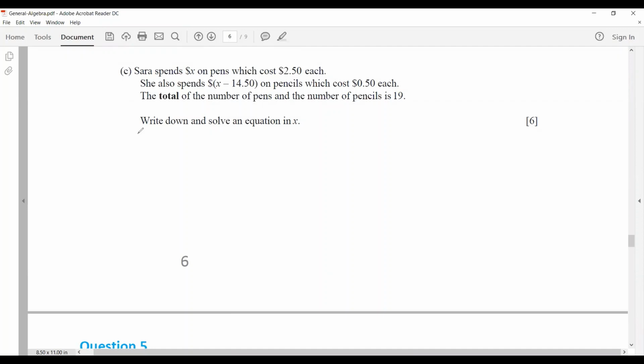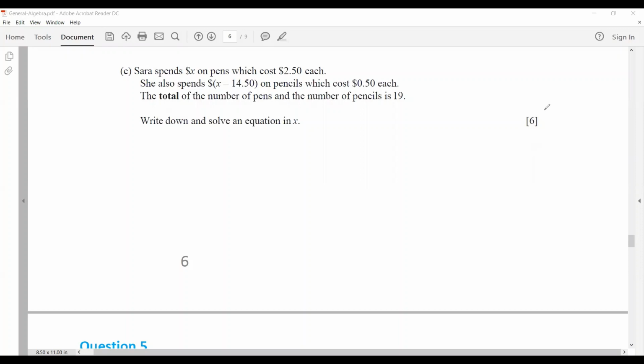This is a question that you have to form. And as you can see, it carries 6 marks. So sometimes, if you recall, I told you sometimes you have to construct the equation yourself. The equation will not be given to you directly. However, the information will be given to you.